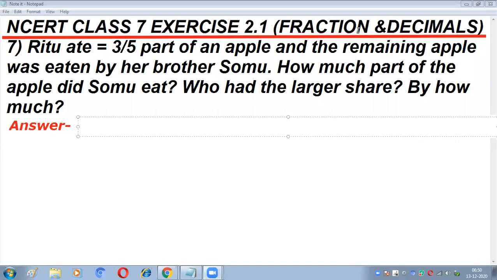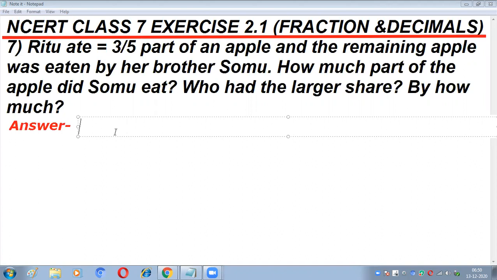Today I will explain exercise 2.1 of chapter 2, that is fractions and decimals. So now I'll solve question number 7. Question number 7 says that Ritu ate 3 by 5 part of an apple and the remaining apple was eaten by her brother Somu.